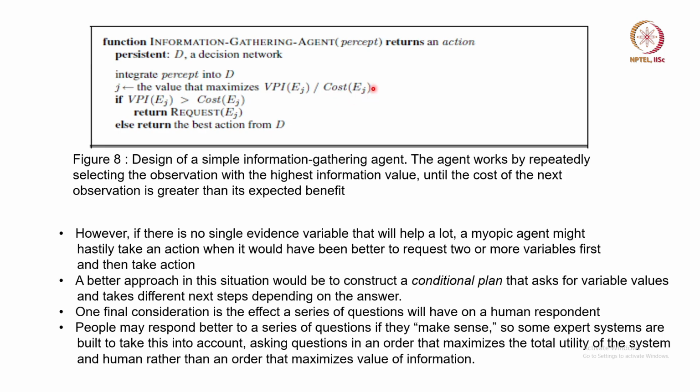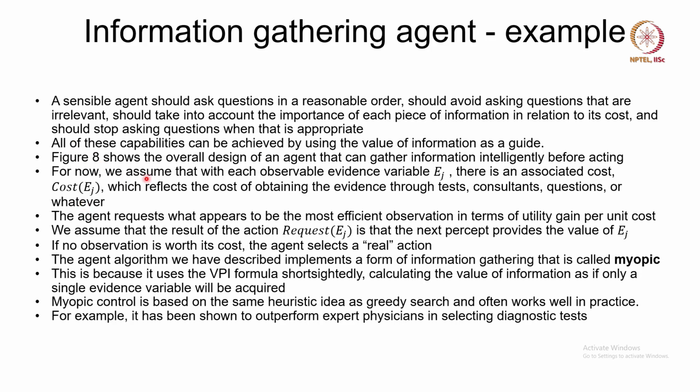So you have a cost of EJ. Both these are taken into account, and if your VPI is greater than the cost, okay, then you request the EJ. Otherwise, you return the best action, you do not take that EJ into account. So this is the information gathering agent we are talking about now.